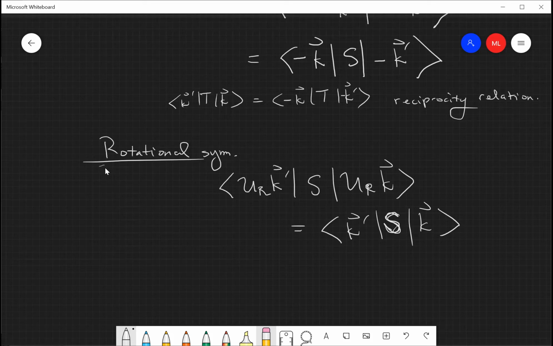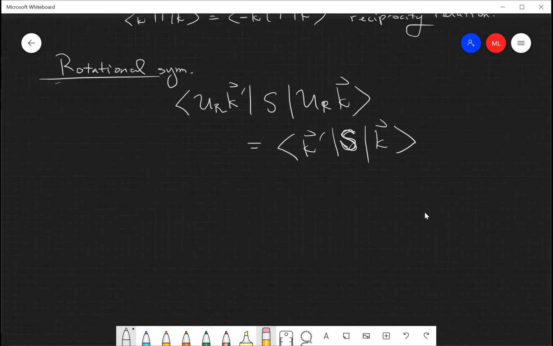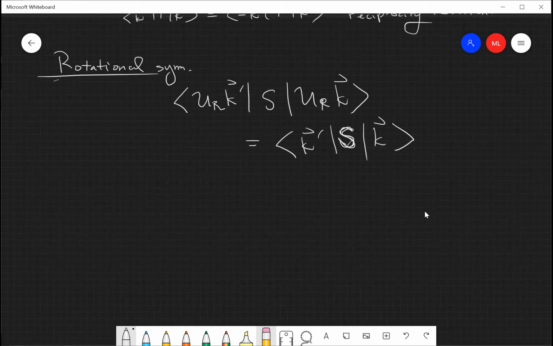If we rotate both of them the same way, then those matrix elements have to be the same. So that means the S matrix can only really depend on the relative orientation between k and k prime. It just matters how you send in something and then where you're looking. Essentially, it's another way of saying it.